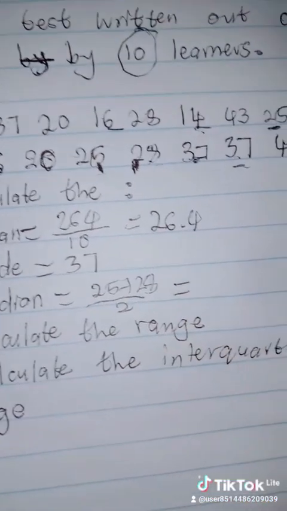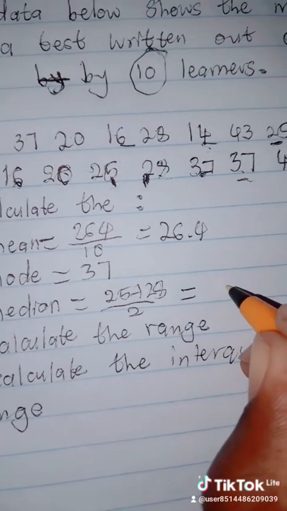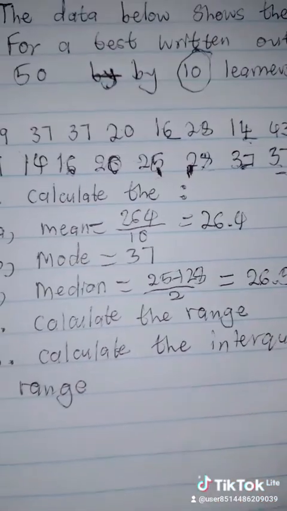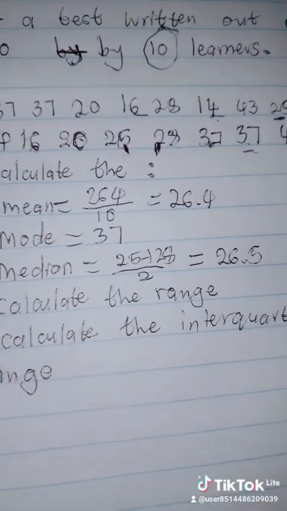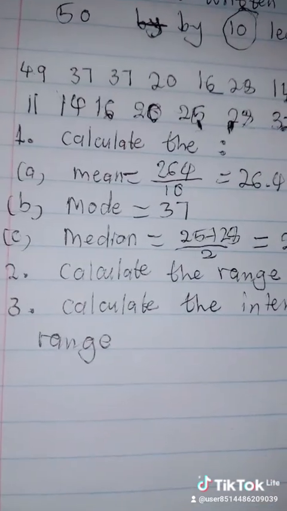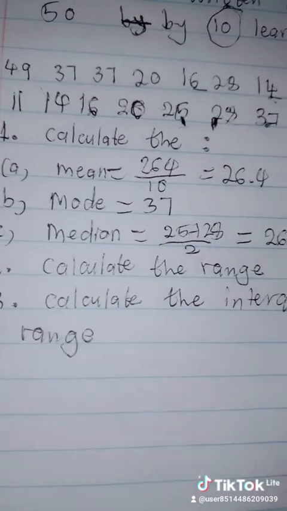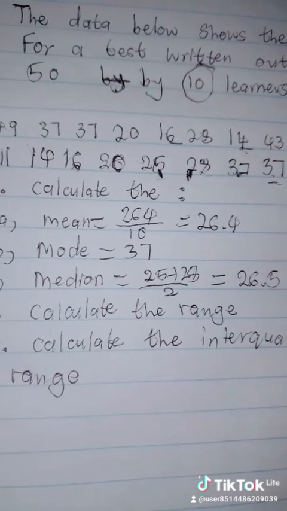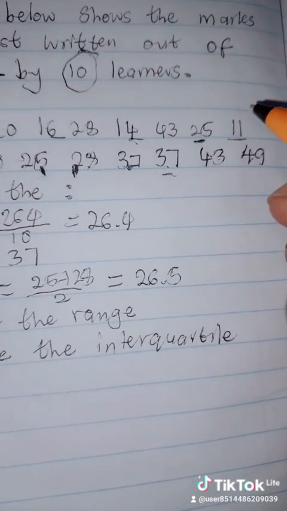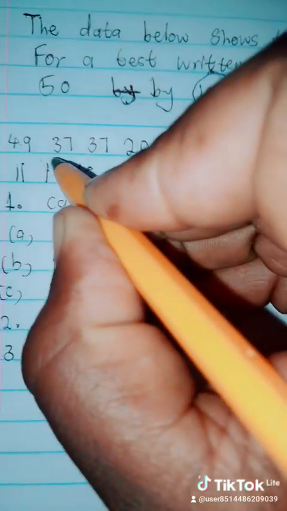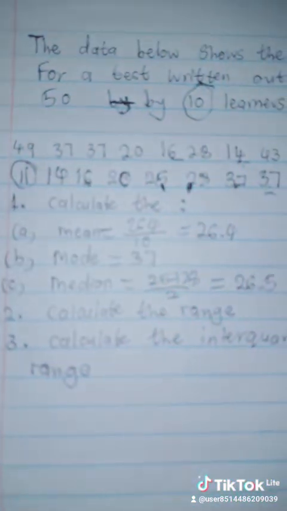So what is that? Correct. Okay, that will be 26,5. That will be the median, right? Now we are at number 2. Calculate the range. Remember, the range is the max value minus the minimum value.